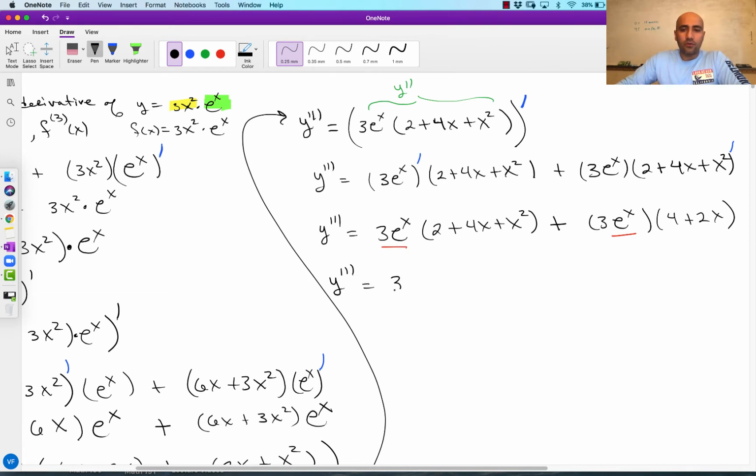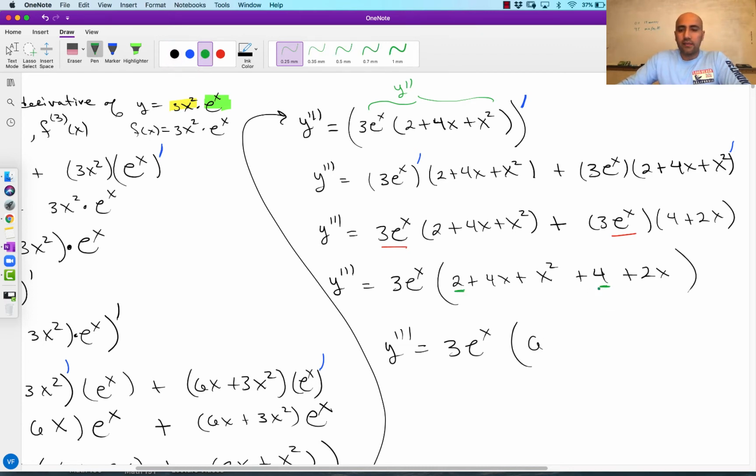is equal to 3e to the x power times, and then it'll be 2 plus 4x plus x squared plus 4 plus 2x. So a couple things simplify, and we get the third derivative is equal to 3e to the x plus, okay, 2 and 4 combine to give me 6.